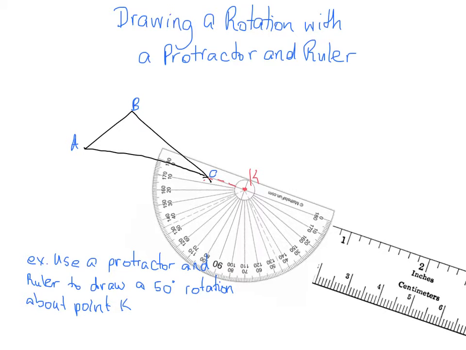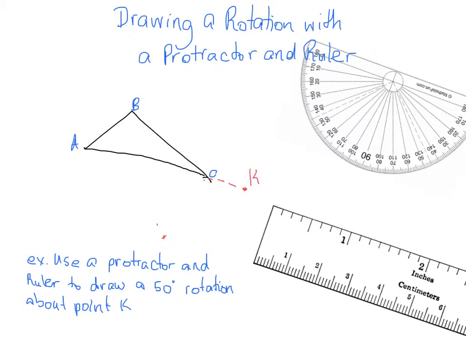And so now we can measure out 50 degrees, which ends about right here. Now we can move the protractor away, and you would use a ruler to draw a straight line going at that 50-degree angle.